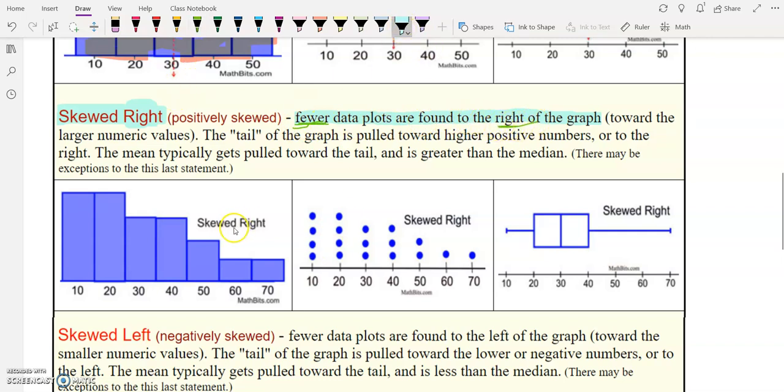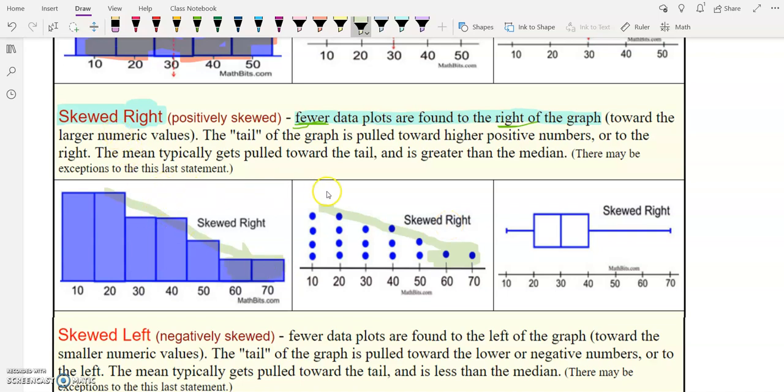Okay, so look at this one here. This is skewed to the right because there are fewer data points on the right. Notice how it kind of goes downhill a little bit to the right. Same thing is happening here. It's kind of moving downhill. There's fewer data points on the right side.